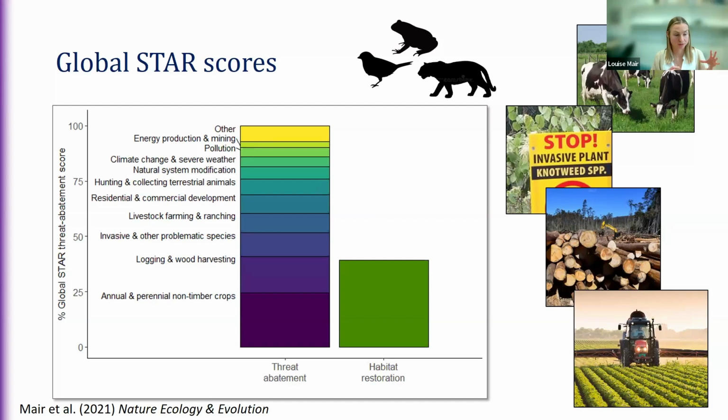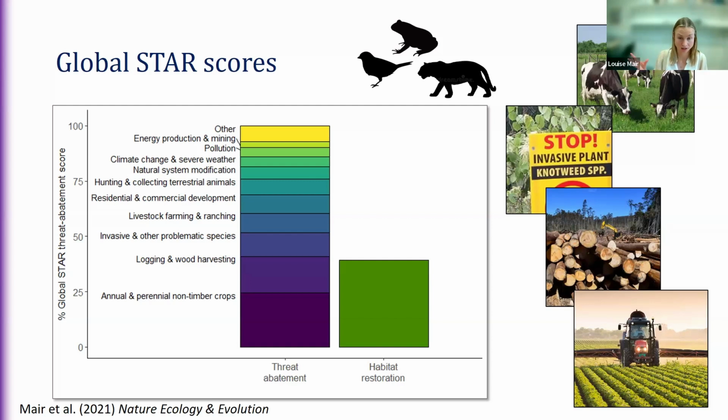When we split up the threat abatement score by the relative contribution of different threats, we can start to see what are the major threats to these species groups at the global level. So the biggest threat comes from agriculture, from annual and perennial non-timber crops. Then we've got logging and wood harvesting, then invasive species.